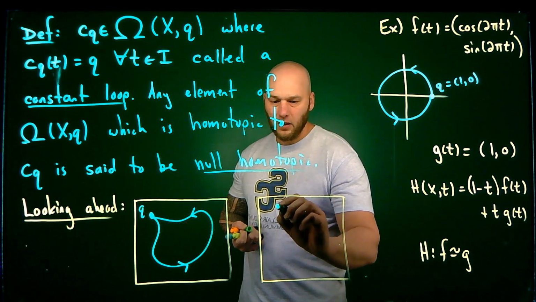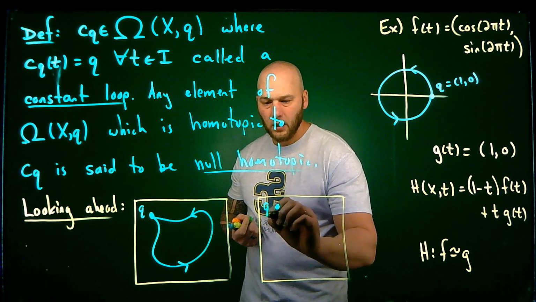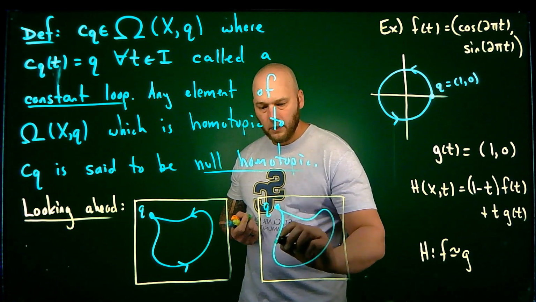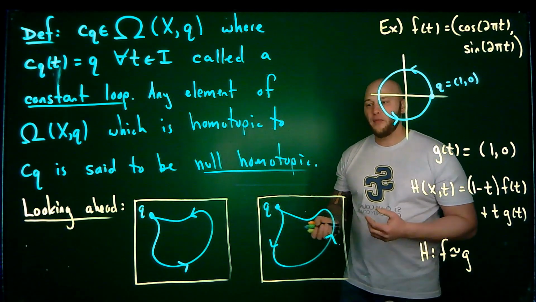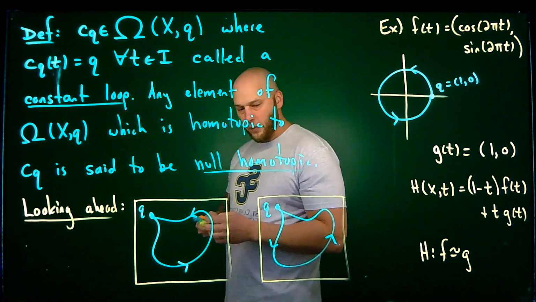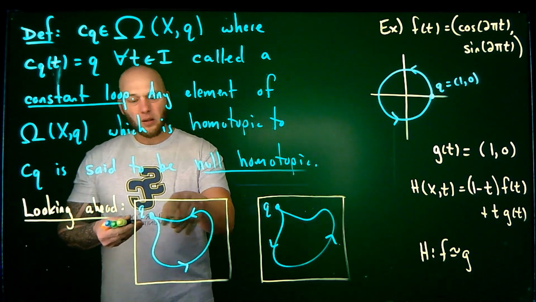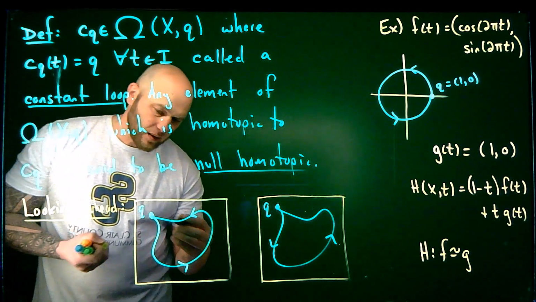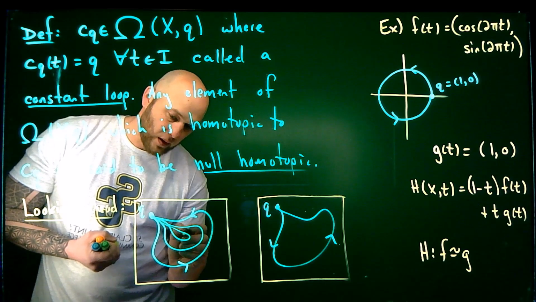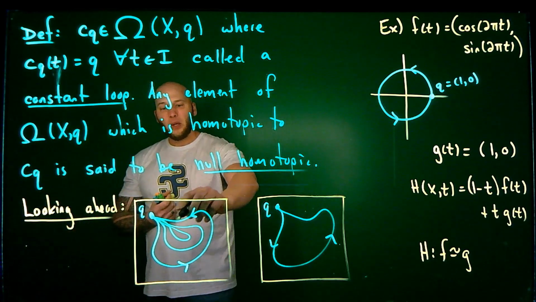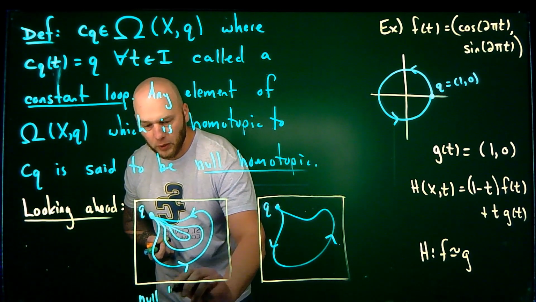It doesn't have to be the exact same loop, but let's say I've got this loop based at Q, which looks like this. So within these two topological spaces, I've got a loop based at Q. Let's take a look at this first topological space. I can see that I could continuously deform this loop into the constant loop at Q. So this loop would be null homotopic.